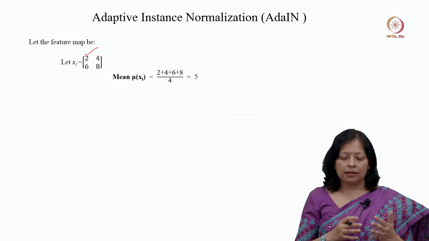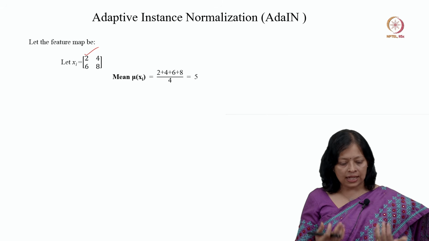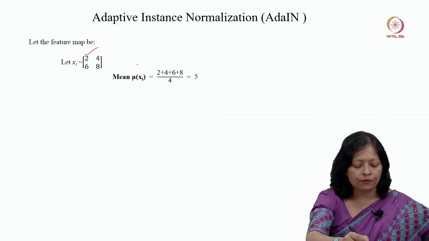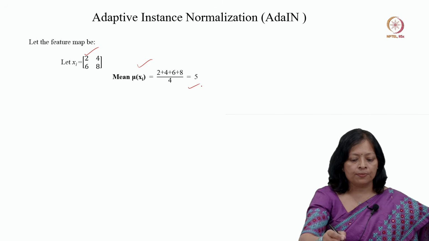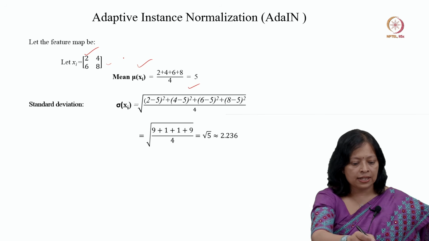And what exactly do we do in normalization? We take the mean and the standard deviation, and we do the normalization process. So the mean is calculated like this, and the standard deviation is calculated for this feature map.